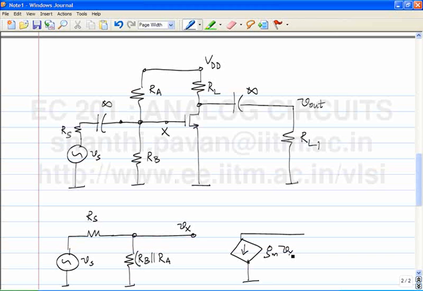Okay. Then what happens to RL? RL will go from the drain of the transistor to VDD. VDD is ground, so this is RL. Okay. What about the infinite capacitor in the drain circuit? It's a short. And what about RL1? Goes to ground. So in other words, the equivalent load is RL parallel RL1.